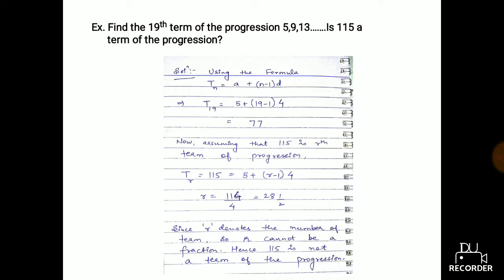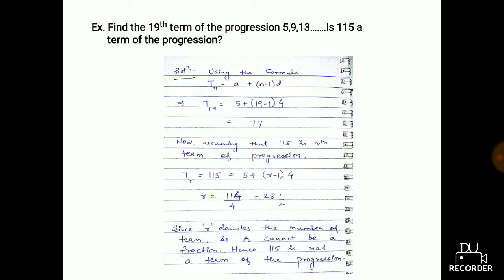Now the second part of the question: is 115 a term of the progression? How are we going to do it? We will assume that 115 is the rth term of the progression. We are assuming that 115 is a term of the progression. So we apply the formula tr. In the formula we have tn, so now it is n for us. Here n is equal to r. Using the formula, our rth term is 115, which we have assumed, equal to the first term plus r minus 1 into 4.